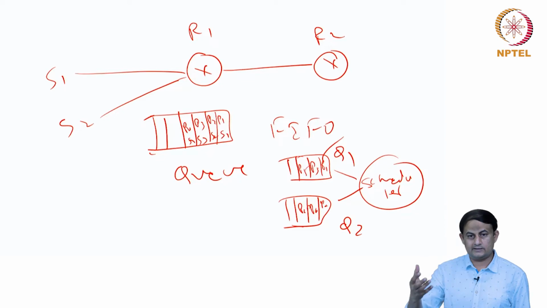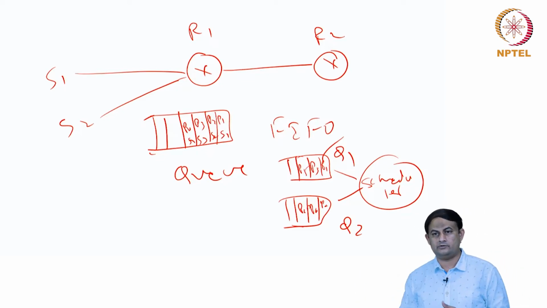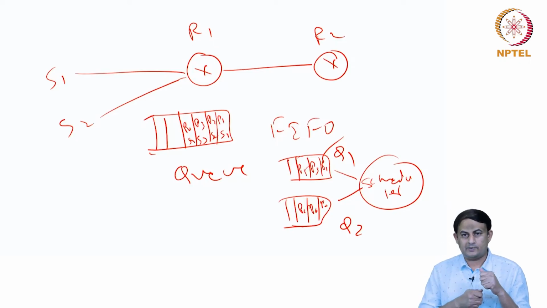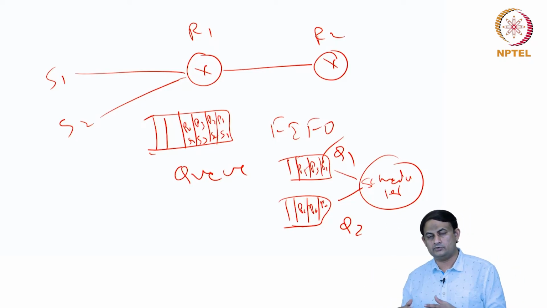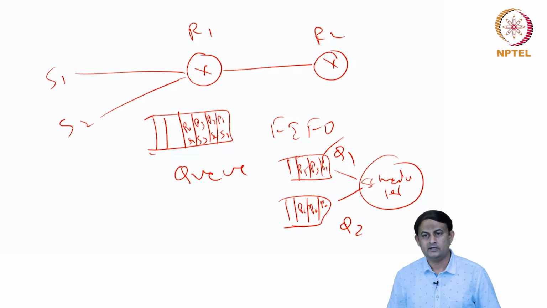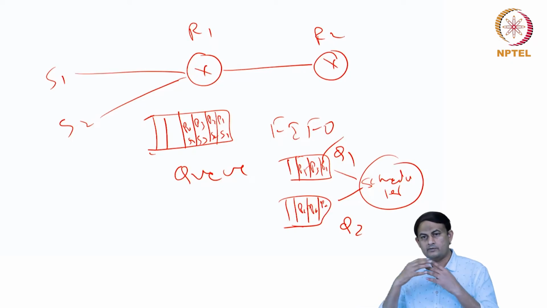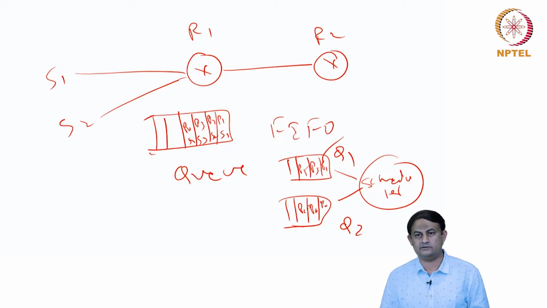It's not necessary that I should have only 2 queues, but I can have more than 2 queues as well. So by maintaining multiple queues at a router and by appropriately putting the packets in different queues, or by picking the packets from the different queues, I can bring some notion of quality of service to the transmission in the network.